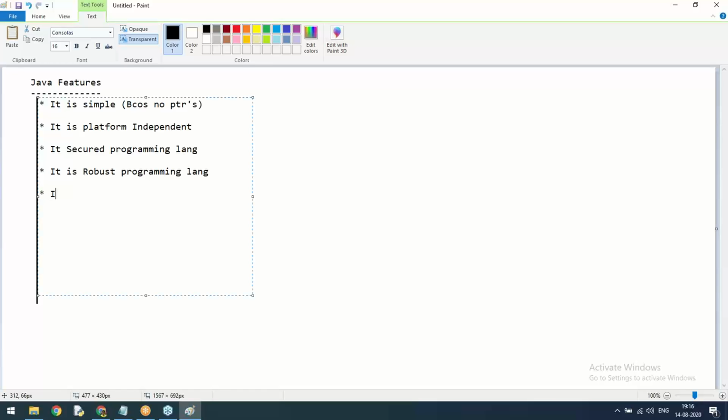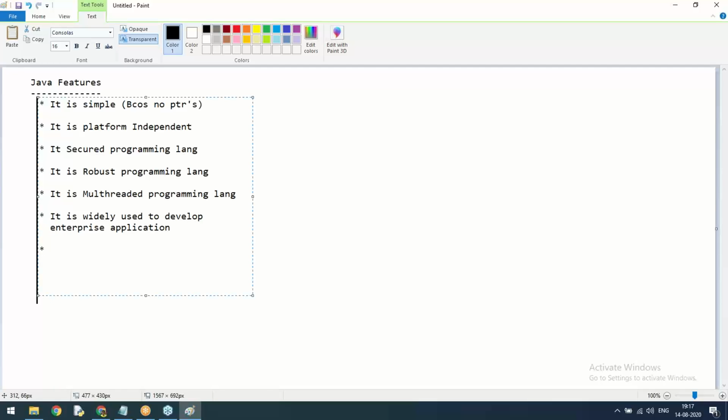Fine, sir. Next, it is a multi-threaded programming language. Multi-threading is done. Next, it is widely used to develop enterprise application projects.